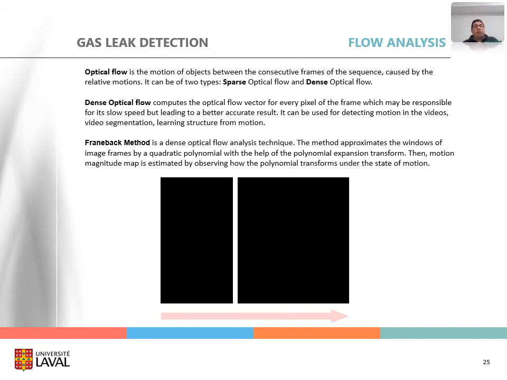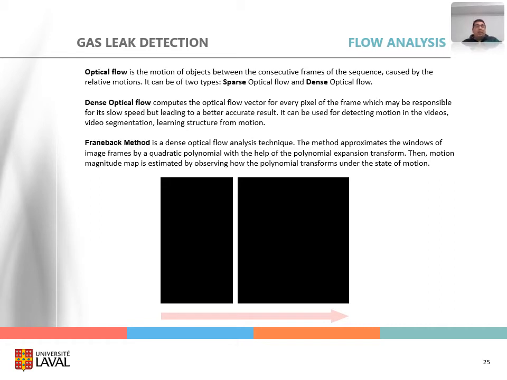Dense optical flow computes the optical flow vector for each pixel of the frame, which may be responsible for its slow speed but leading to a better accuracy result. It can be used for detecting motions in the videos, video segmentation, and learning structure from motion, or SFM.